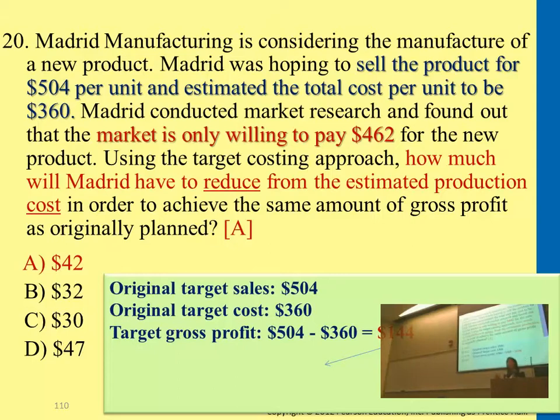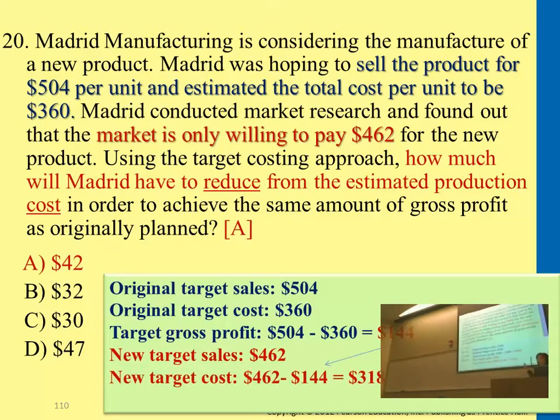So the problem tells you that we still want to maintain this 144, but we know that the market price needs to be set at 462. So what you need to do is just subtract that 144 from the new target sales price. This is after doing research in the market. You know customers are requesting this price.